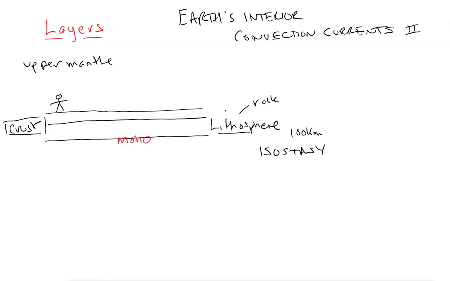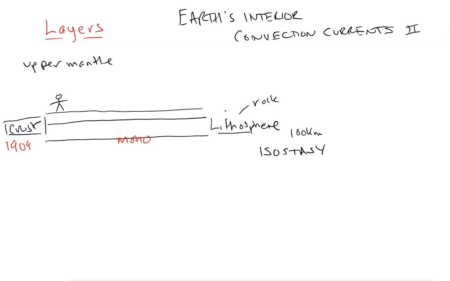Then you have a thing called the MOHO, which is a shortened version of the Mohorovicic discontinuity, which is based on a European scientist in 1909 who used seismic waves to show the difference in velocities of those seismic waves as they traveled through the Earth, and they were created by an earthquake.